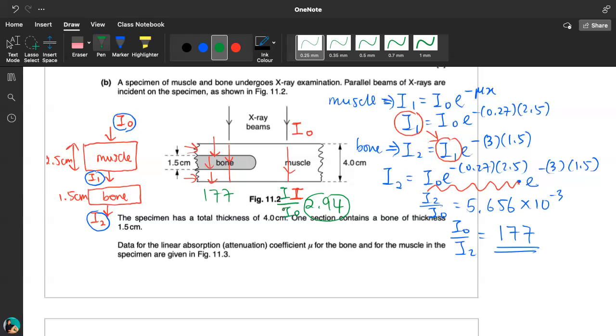It's like when you have 100% incident, how much of that comes out? So this number is a percentage of that going through, or transmitted. Same here, we have I2 over I0, a percentage of that coming out. Oh, sorry, this one is the fraction being absorbed, because the attenuation is absorption when it goes through the medium.